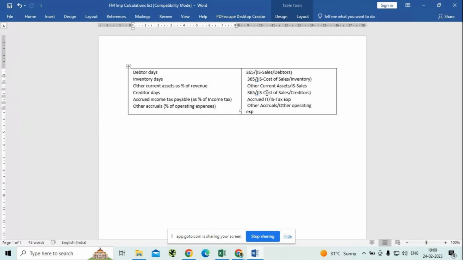We might have discussed this, but it was not highlighted over there, so I thought of giving it as notes for you at the end of the session.